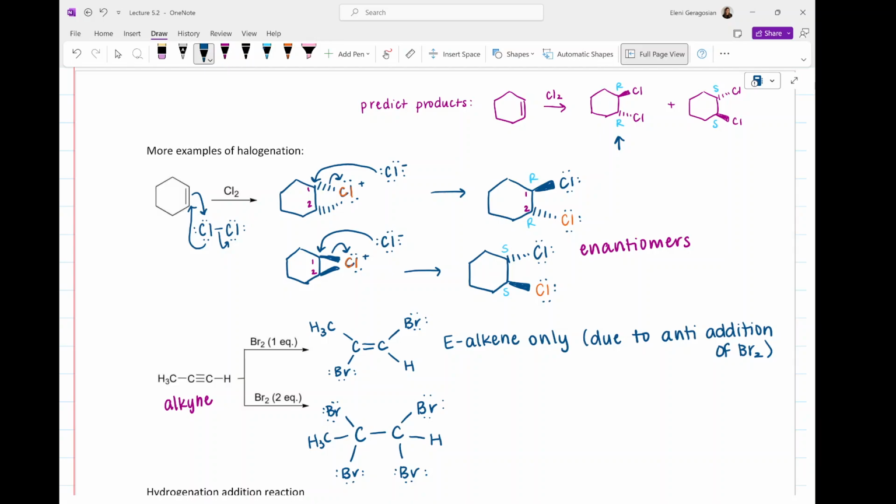Now, with this product, whenever we form a tetrahedral carbon starting from sp2 carbons, trigonal planar, to sp3 tetrahedral, we need to consider if a stereocenter is formed. But in this case, because we're adding the same two atoms, two bromines to each carbon, neither carbon is chiral.